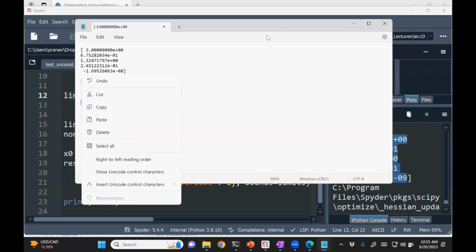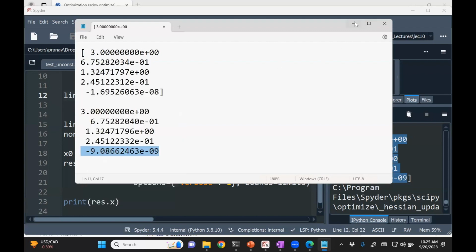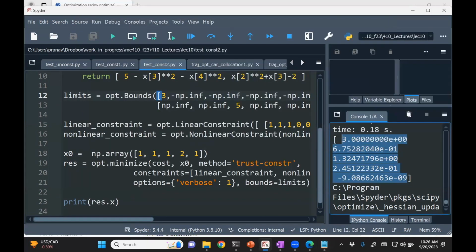It's -8. So both methods produce the same solution, given the same initial guess. Now, sometimes it does happen that you give an initial guess and it won't converge. So it also depends on the initial guess. So you want to just try a bunch of initial guesses before you're sure.